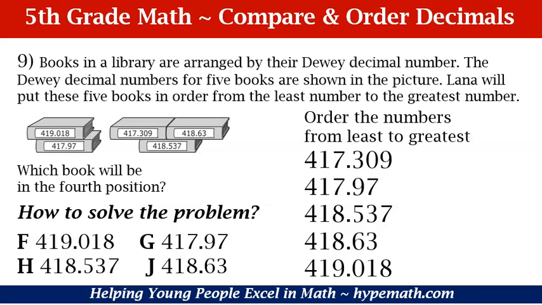Yes, absolutely, these numbers are ordered from least to greatest. So now we have to find the number in the 4th position. We are going to count down our list to find the 4th number.